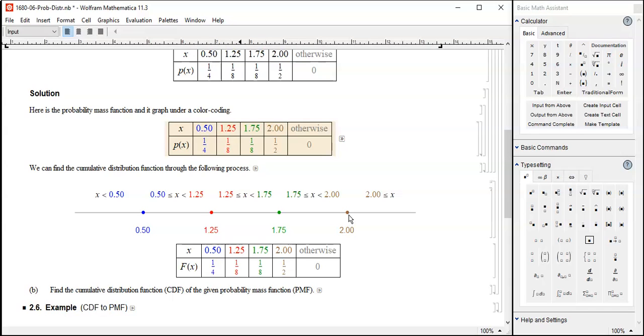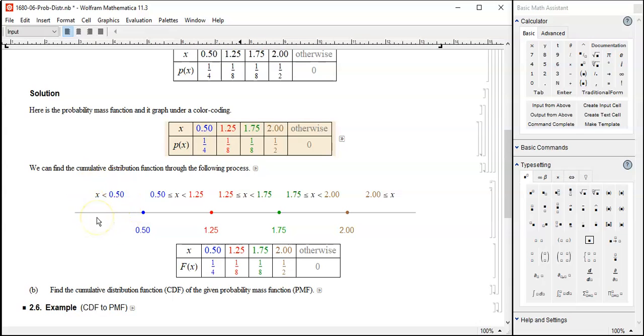This is not regarding the scale. Of course, if you draw up to scale, then the distance between these two is much shorter and that one is larger, and then we don't have enough room to write down the inequalities here. So I disregarded the scaling and just wrote down all these four points at equal distance there.